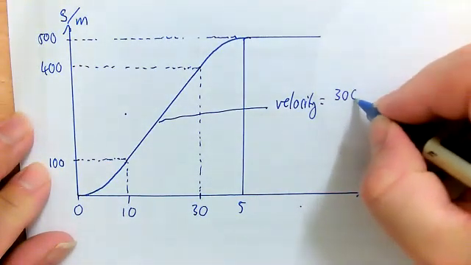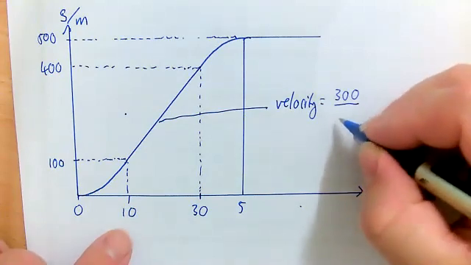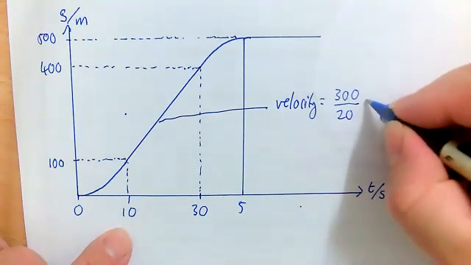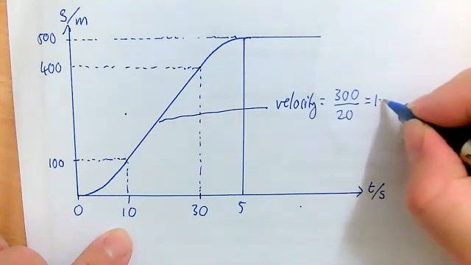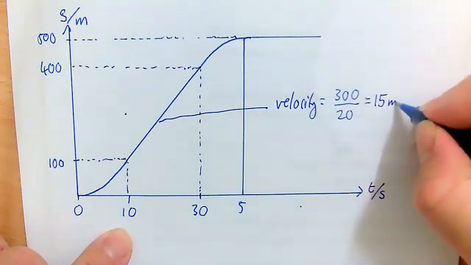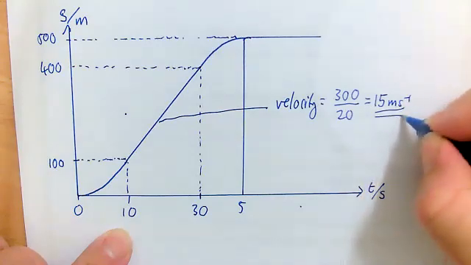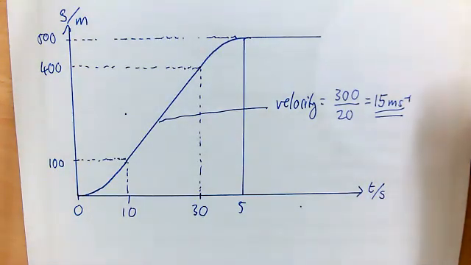So that's 300. Divided by the time taken, which is 20 seconds. So the velocity would be 15 meters per second. Easy as that. Okay. So that's how you calculate the velocity. It's the gradient. It's not that difficult.